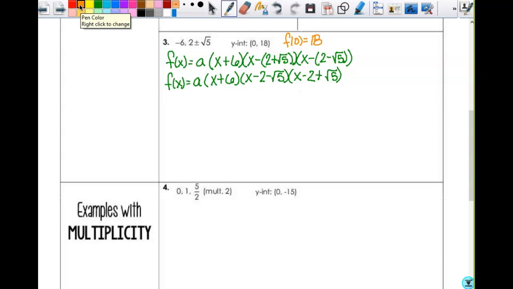So now that I have that, I'm going to substitute 18 in for y. That's equal to a times 6 times negative 2 minus the square root of 5 times negative 2 plus the square root of 5.